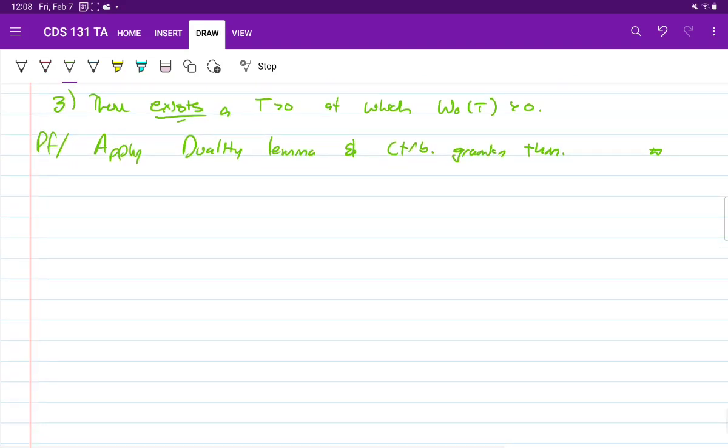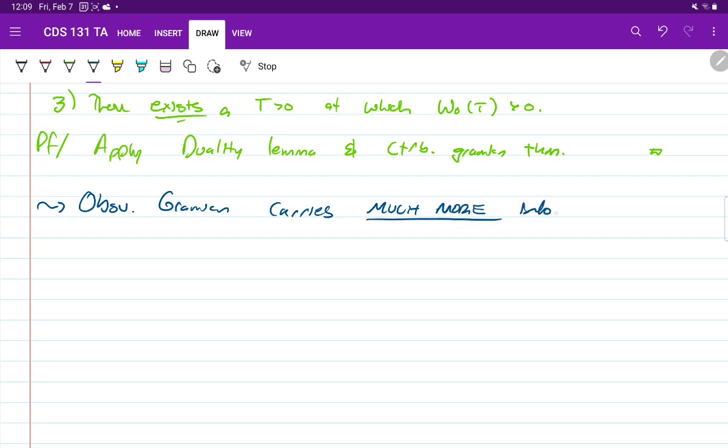And the nice thing, like we said last time, is that the observability Gramian carries much more information than the observability matrix. It gives us much more than a simple yes or no test for observability.